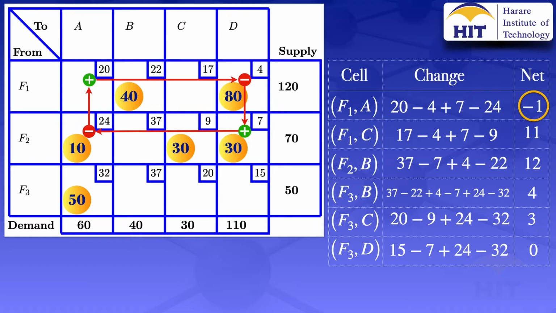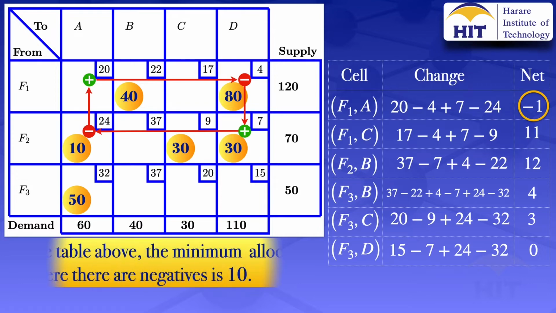For the cells that have the negatives, we have an allocation of 10 and 80. So we take the minimum of the 10 and 80, and allocate it to cell F1A. The minimum of 10 and 80 gives us a 10.